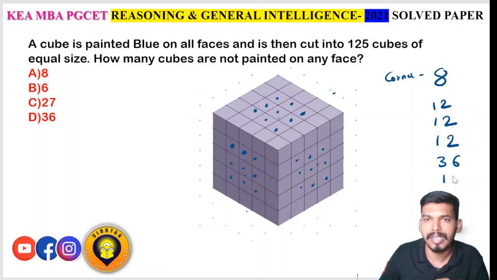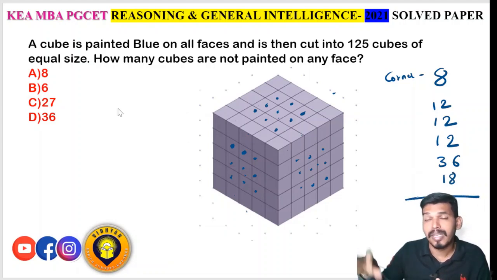So 9 + 9 is 18. So that means this many cubes are colored.